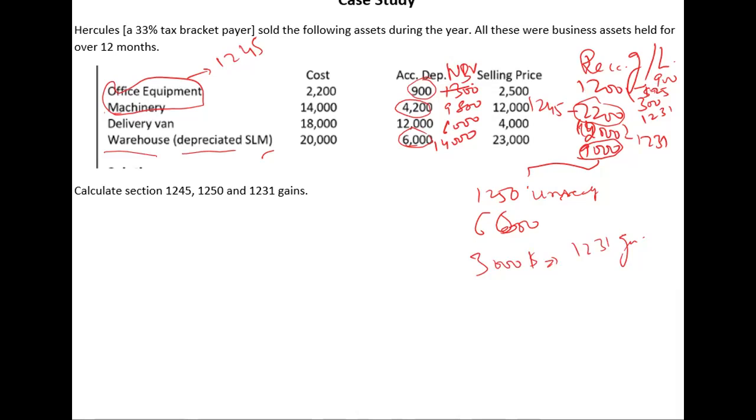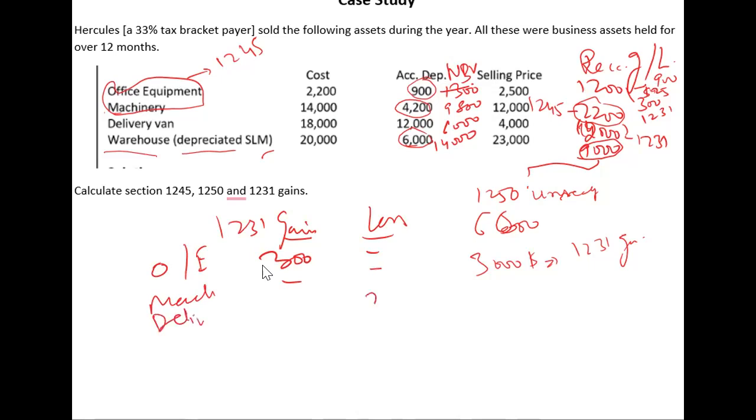Now, to calculate 1231 total gains or losses, we have 1231 gains as well as losses. For office equipment, we have 300 gain. Machinery, we have neither loss nor gain. Then for the delivery van we have 2,000 of loss.